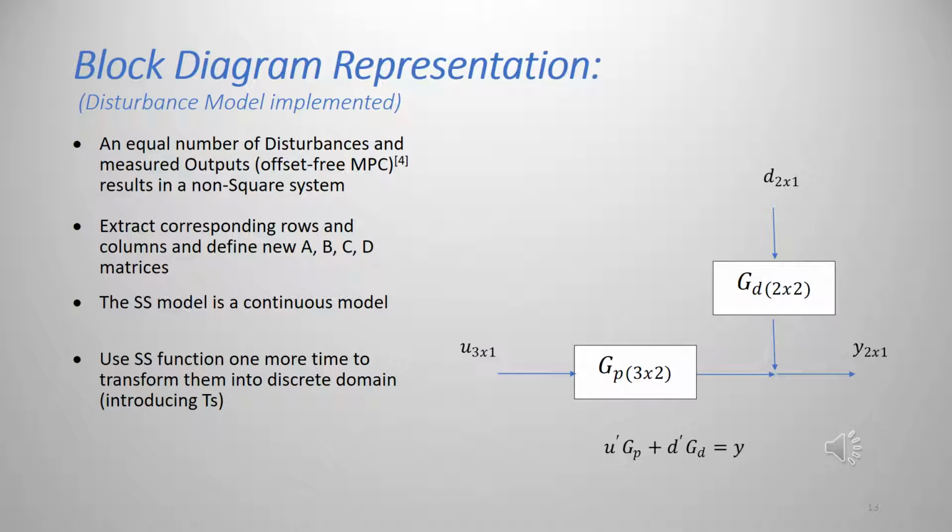The reason that we take an equal number of disturbances and control variables is that in MPC control, the control would be offset free, and the reason is given in reference number 4.